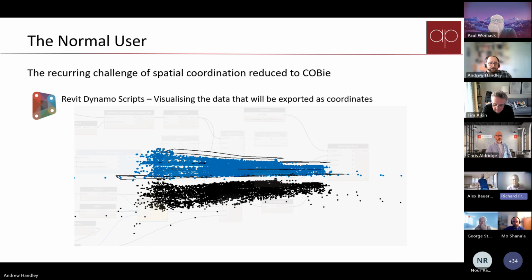So when you say normal user, is that normal user the person who's doing the data engineering, or is it the normal user who's going to be using the results of the data engineering? It's the creator. It's not the end user, or in these examples, not the end user.